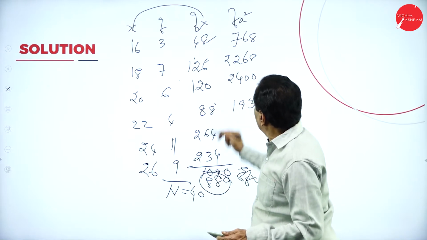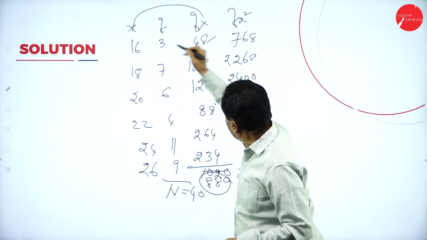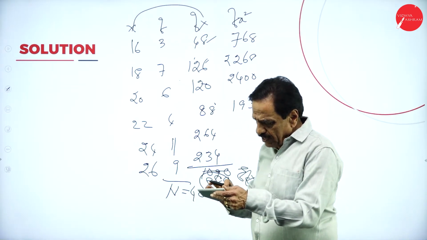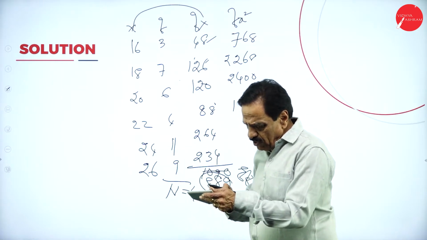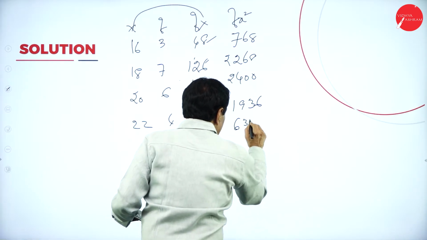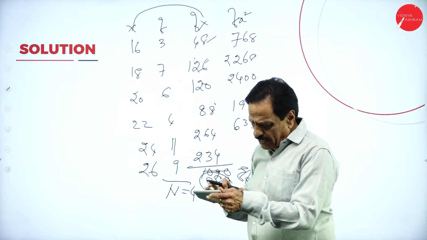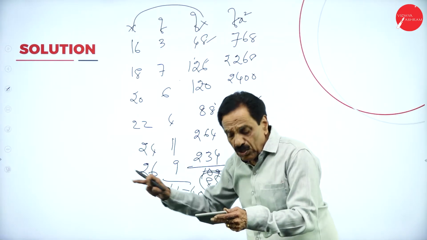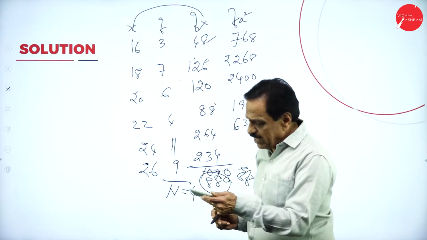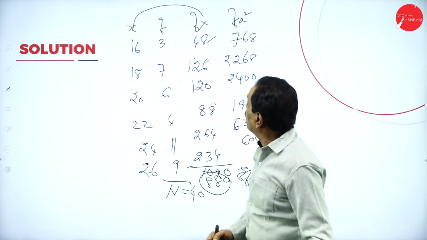Then fx into x: what is your fx? 264 into 24, 6336. 234 into 26, 6084. What are the steps to follow?